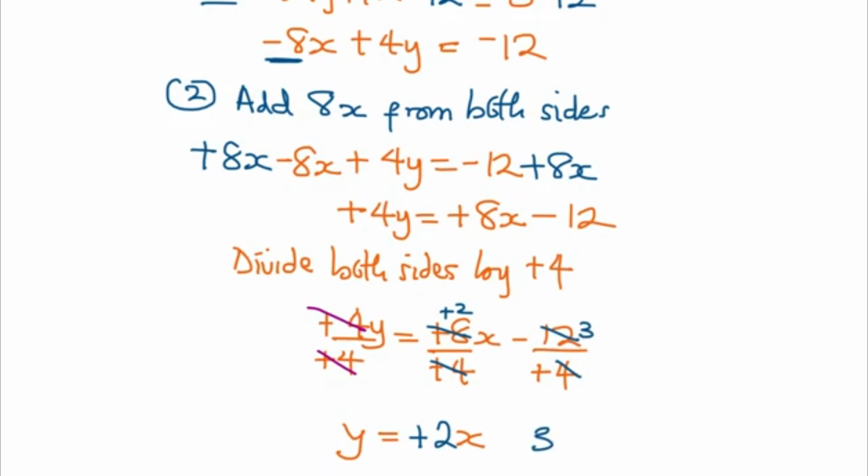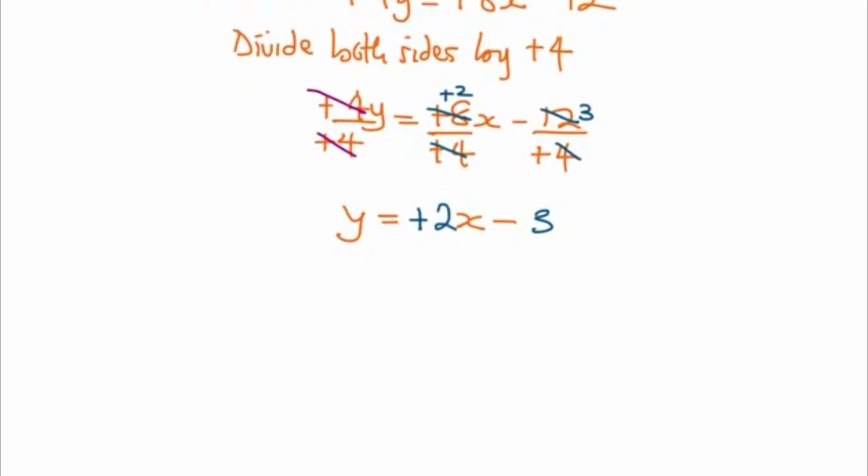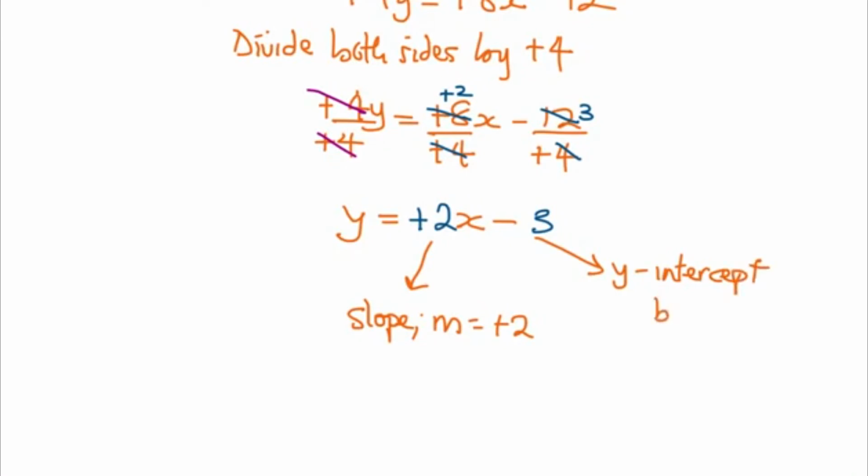So in here we have our equation of a line which has the slope m, and this m is equal to positive 2, and on this other side we have our y-intercept, which is b, and this is equal to negative 3.